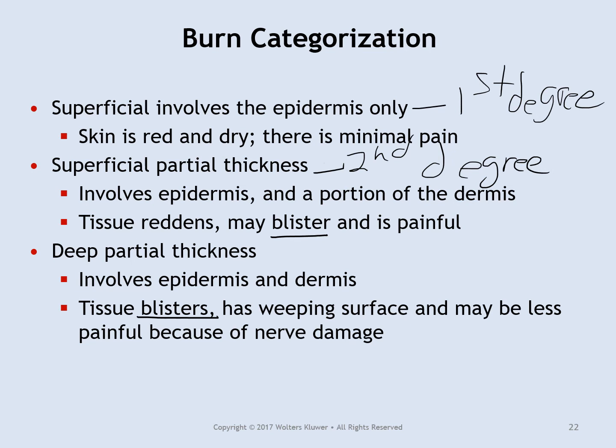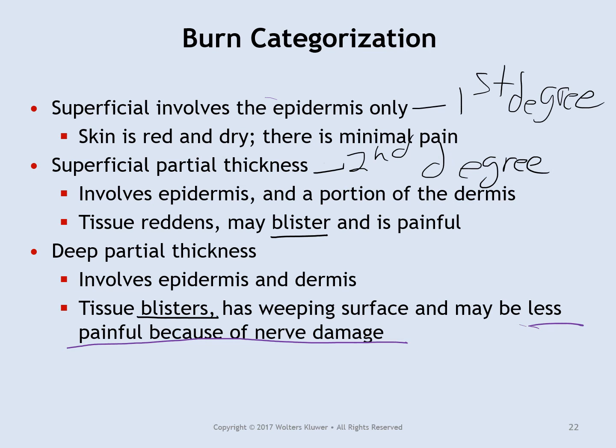If you have a very severe second-degree burn that goes all the way through the dermis, your patient may have less pain than someone with a not quite as severe second-degree burn, because they've burned away their nerve endings, so they can't really feel that pain anymore. Now, when those nerve endings start to grow back, they will most definitely feel the pain of that burn.